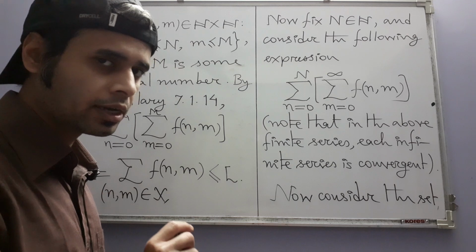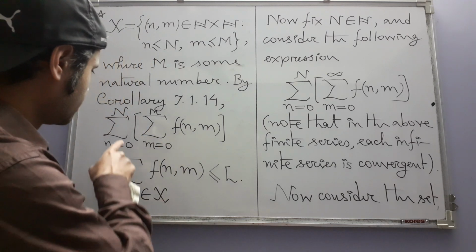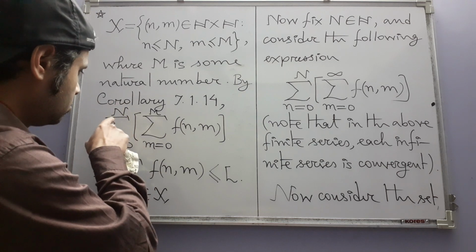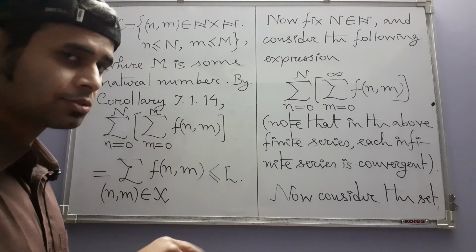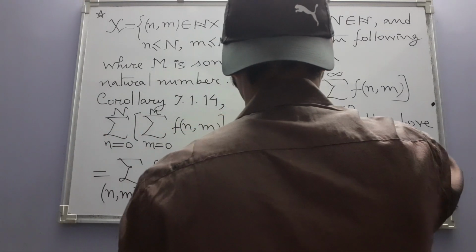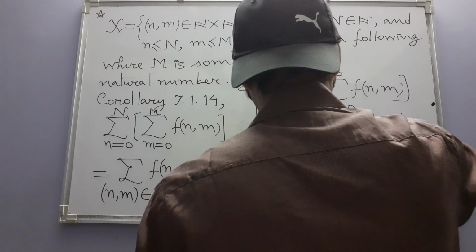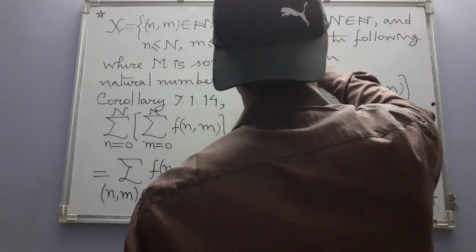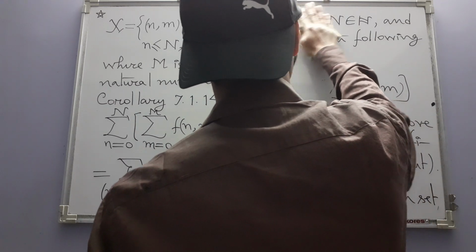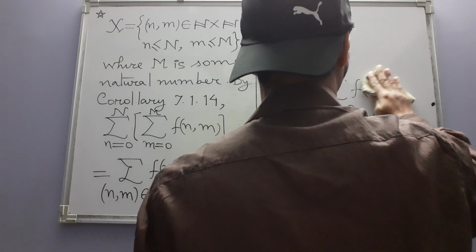For each natural number M you have one such inequality. And if you vary capital N also, you get even more. For each capital N, such an inequality is there for every capital M. That's what I was trying to say.